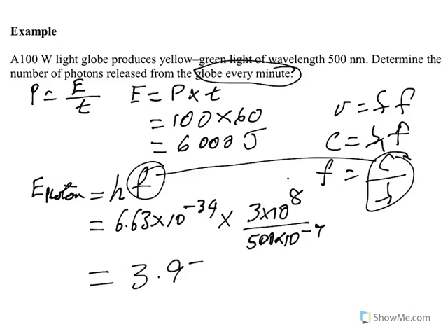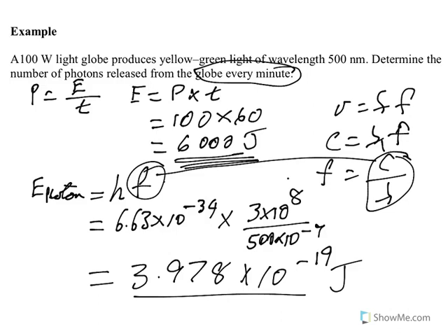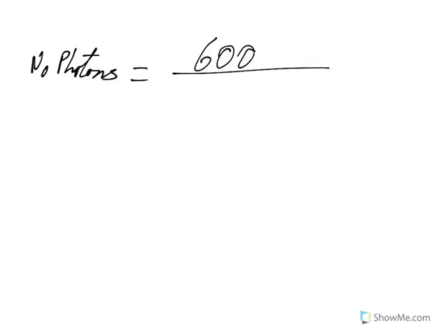So we've got 3.978 by 10 to the minus 19 joules for a photon. Now we've got 6,000 joules, so there's got to be more than one photon, because each one only carries that much. So the number of photons is equal to 6,000 joules divided by 3.978 by 10 to the minus 19 joules.